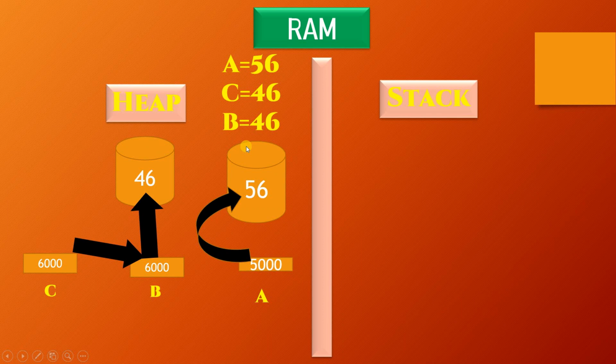Let's take an example: e is equal to 96. It means that Python will generate one more block like this because the value has changed. But suppose you take the example f is equal to 46, then f will come here and it will reference the address of C. Understood? So that is how Python works.